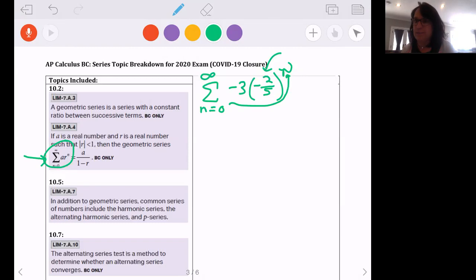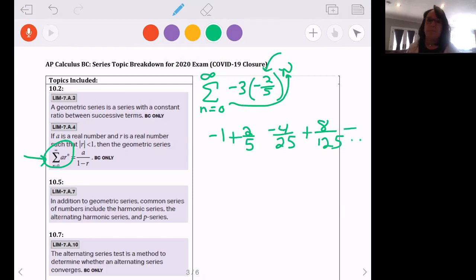So suppose, I'm just going to make a fake one, maybe it started at -1, and then it went to 2/5, and then it went to -4/25, and then it goes to 8/125, plus, and then the subtraction in there, and so on. To decide on this one, obviously you know your a, because you can see it starting at -1.